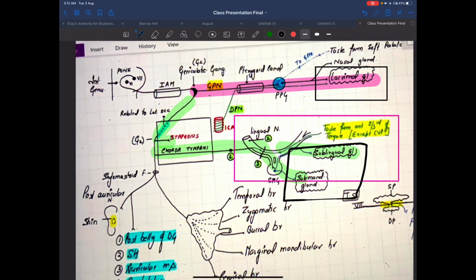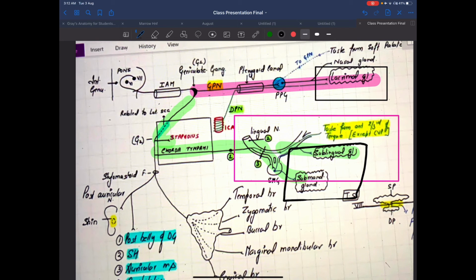So what does the inferior salivatory nucleus supply? Well, that's simple. The only gland which is left, the parotid gland. So all the glands of your head and neck, except parotid, will be supplied by the superior salivatory nucleus, whereas the parotid will be supplied by the inferior salivatory nucleus.